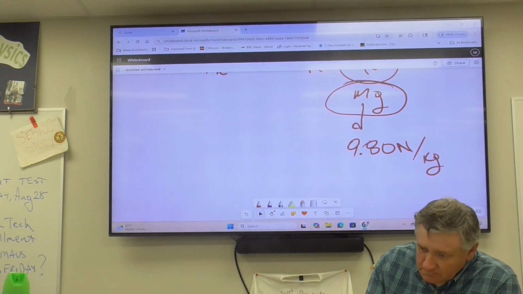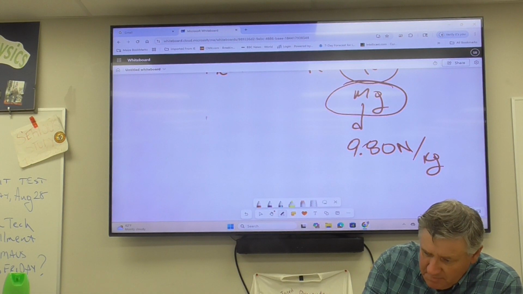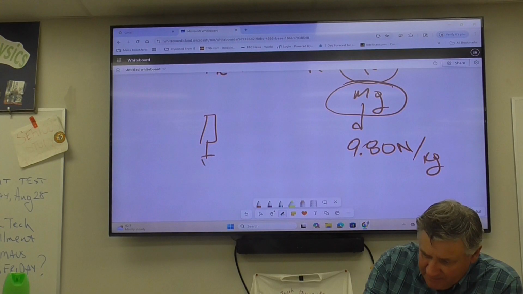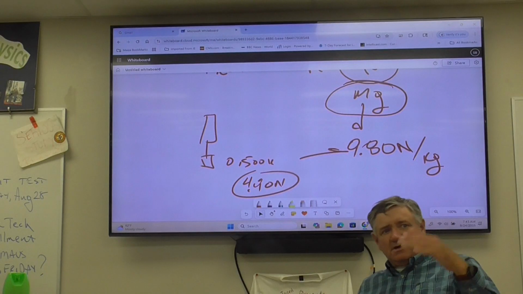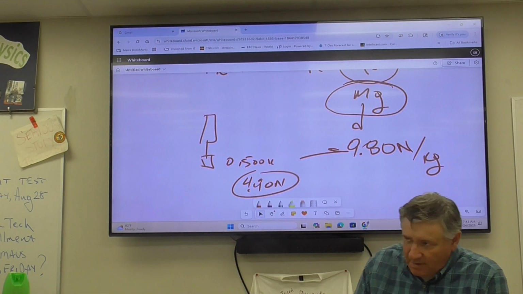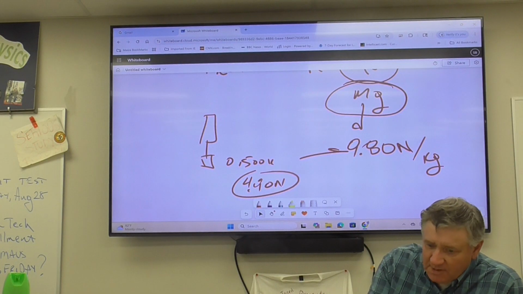So, on what you did at the beginning when you had the scale and a half a kilogram mass, if you multiply that by 9.8, you get 4.90 newtons. So the cost of doing business to pay off the gravity mafia is 4.9.